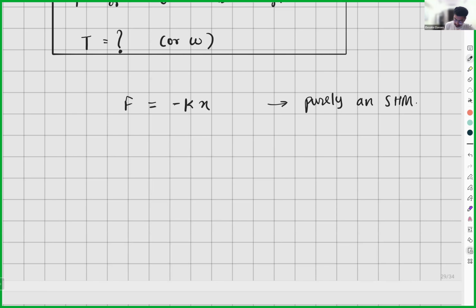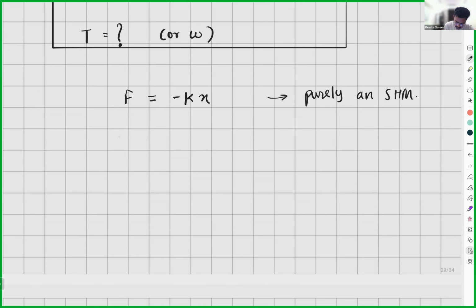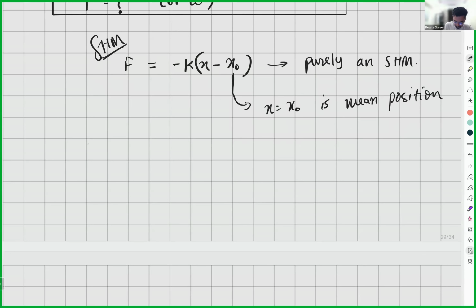So what you can say is, let us say this is about x naught. Let us say this is our mean position. X equal to x naught is the mean position. So this is an SHM, and this is f as a function of x.